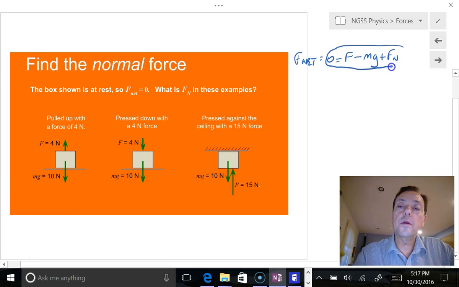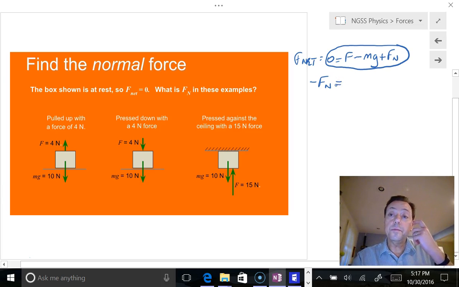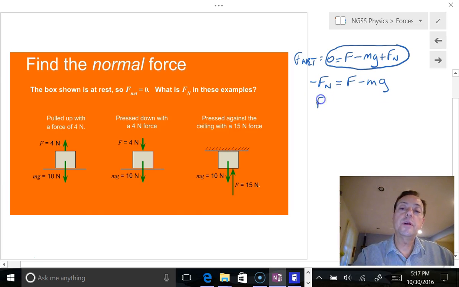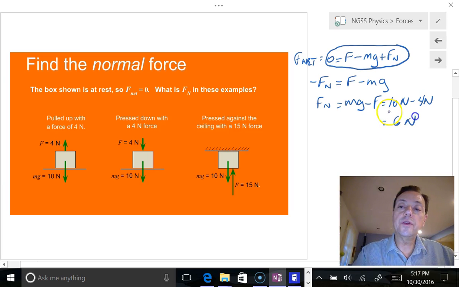If I solve for the normal force, since I don't want the negative of the normal force, I want the normal force itself, I get mg minus F, and this is 10 newtons minus 4 newtons, which is 6 newtons.